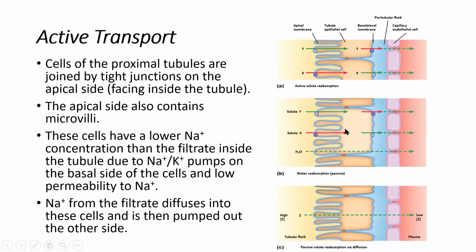And because of that deficit of sodium inside the cell, sodium can passively move into the cell according to that sodium gradient. Okay, so the first thing that happens is sodium is moving from the filtrate into the cell passively because of the gradient that's set up on the basolateral surface by the sodium-potassium pump.